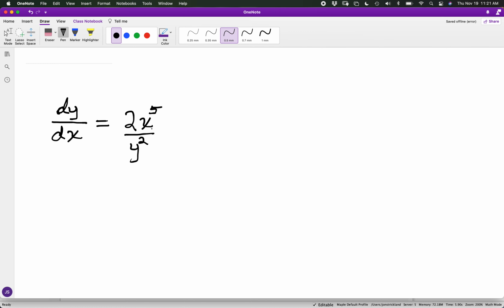We'll say the input condition is y of 2 is equal to 3. And we want to determine just what y of 4 is going to be equal to.